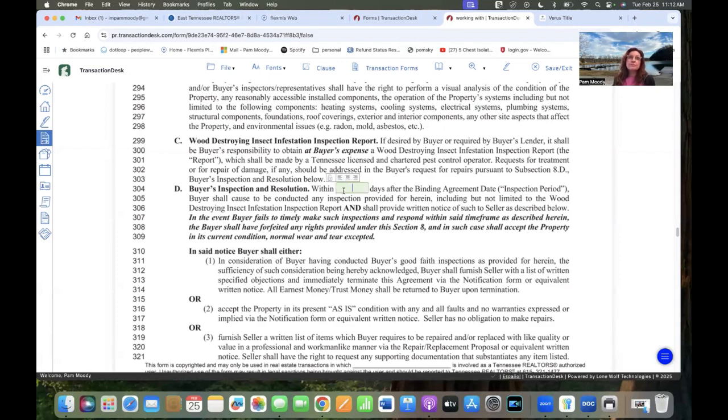So 10 days might be the norm. Seven to ten days is the norm. I know that if we put down 14, I've had a lot of sellers push back and say they don't want to take it off the market, because technically it's off the market during this inspection time while you're making a decision. I have access to many inspectors and can usually get someone out there.